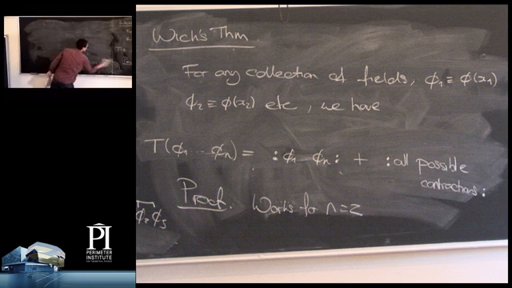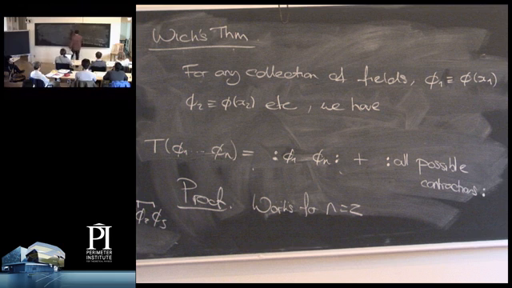So the example we're going to do is the scattering of two particles, again in this theory that has a single complex scalar field and a single real scalar field.